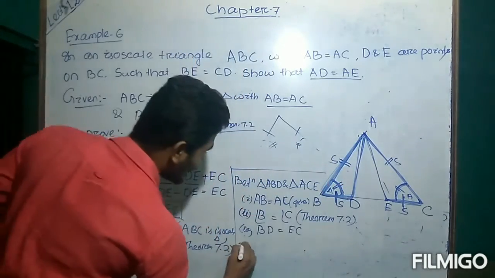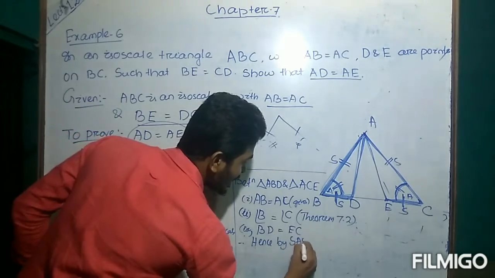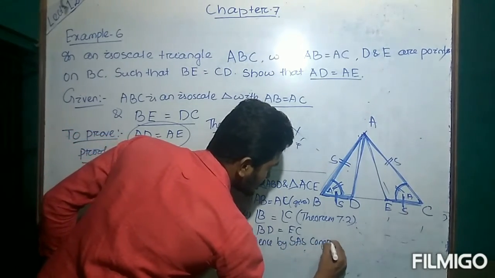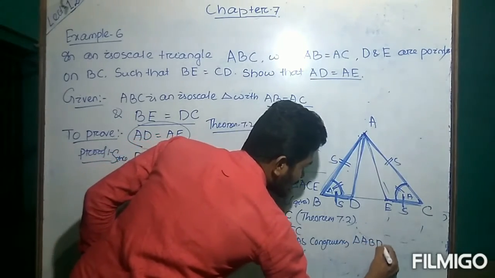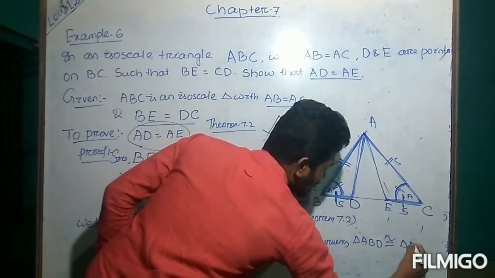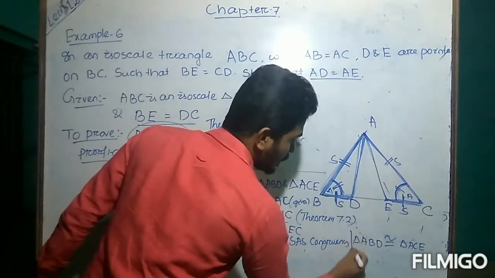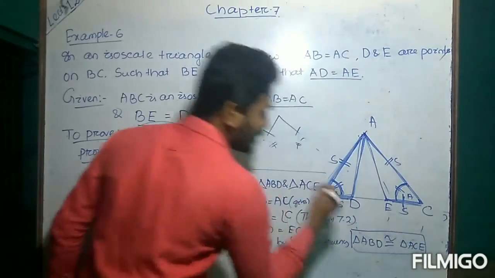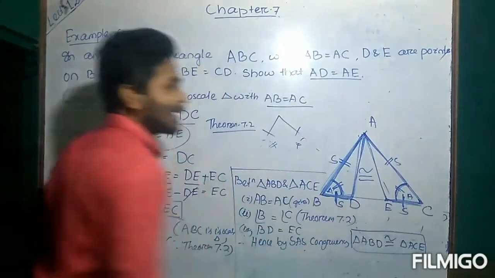So we can write, hence by SAS congruency, triangle ABD is congruent to the triangle ACE. Understood? So now we have proved that this small triangle is congruent to this small triangle.